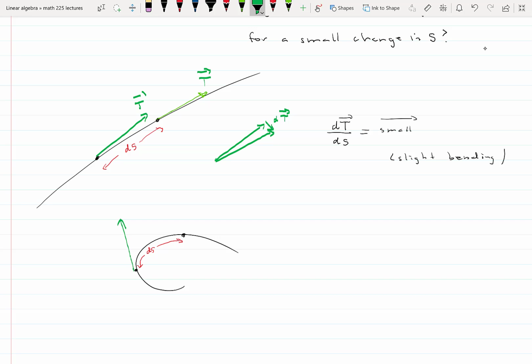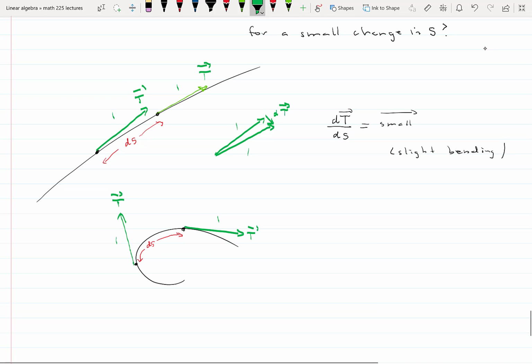Here's our unit tangent vector, length 1, length 1, length 1, length 1, length 1. And here's our unit tangent vector now. Still length 1.